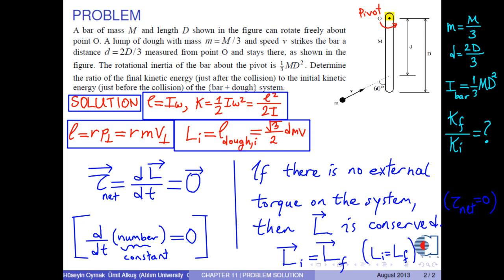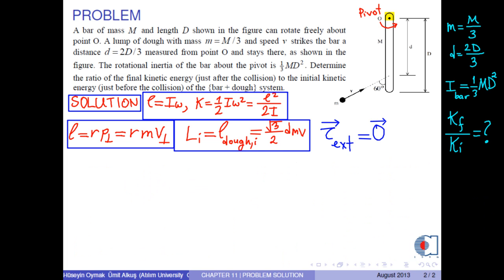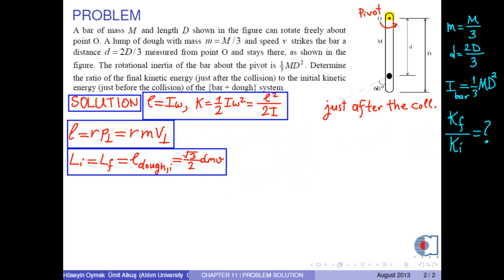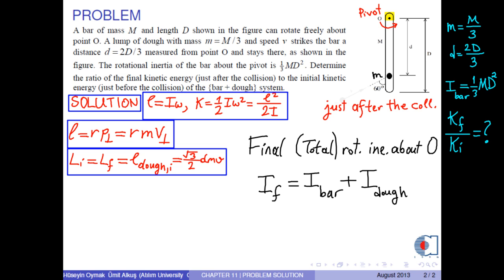In the example of the bar-duff system, there is no external torque. Therefore, initial angular momentum is equal to the final angular momentum of the system. This is to say that L f equals square root of 3 over 2 dmv. Just after the collision, the final total rotational inertia about point O is the sum of the rotational inertia of the bar and duff.